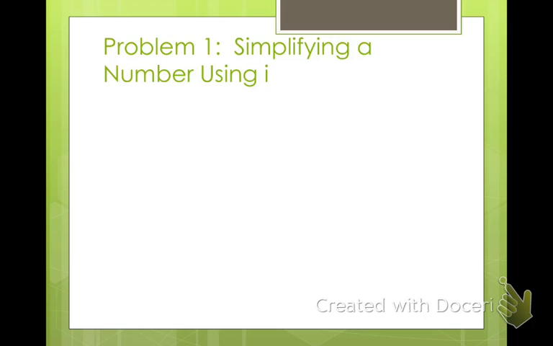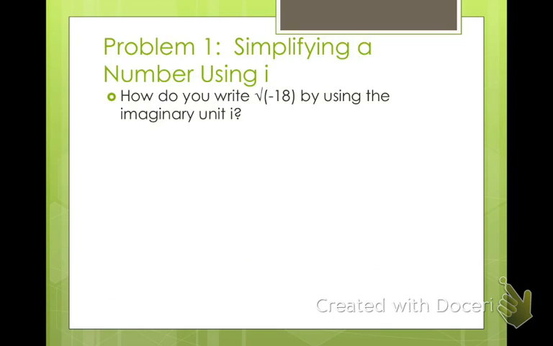Okay, so let's do some stuff. Simplifying using i. How do you write the square root of -18 by using the imaginary unit i? If I have the square root of -18, I can simplify this. I need to know what factor of 18 is also a perfect square.